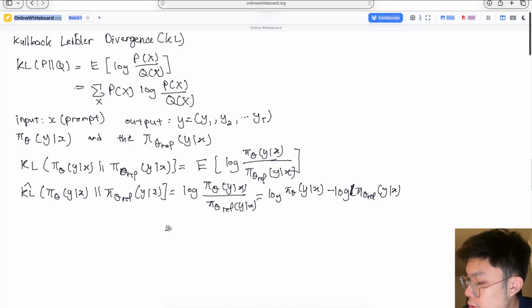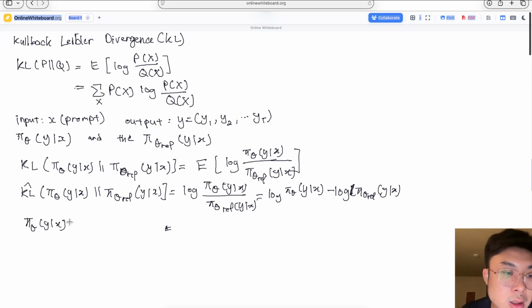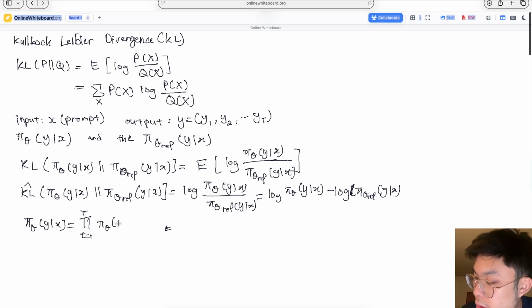The probability of the output given the input x would just be the product of generating every token.